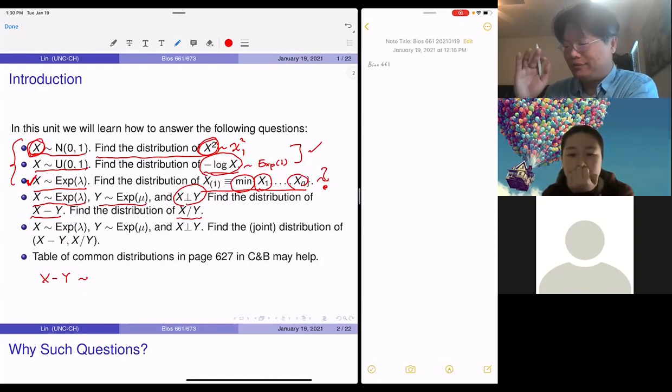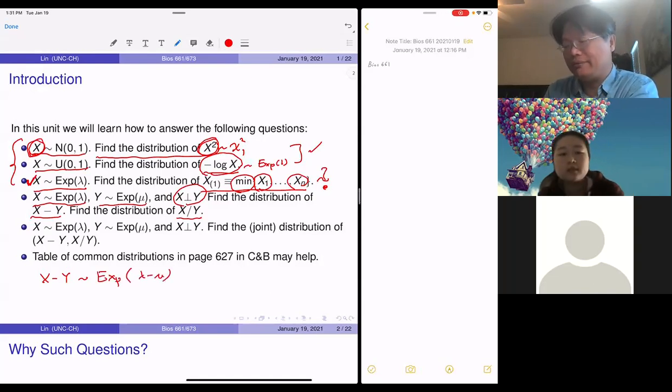X exponential, Y exponential, X minus Y is going to be exponential. If lambda is bigger than mu, it becomes exponential(lambda minus mu). These kinds of things are intuitive. I've been teaching this for 8 years already, so this is really intuitive to me.